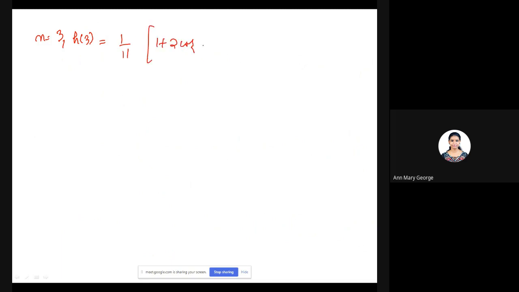When n equal to 3, h of 3 will be equal to 1 by 11, 1 plus 2 cos 2 pi 3 minus 5 by 11 plus 2 cos 4 pi 3 minus 5 by 11. What will be the value of h of 3? It is 0.0474.